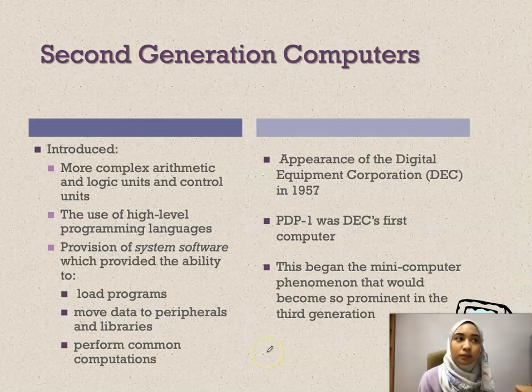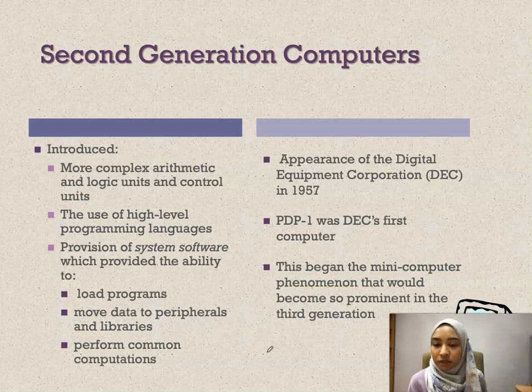So second generation computers had more complex arithmetic and logic units, and also control units, and the use of high-level programming languages. Previously, it was just binary, assembly language and machine language. Now, we use high-level programming language.